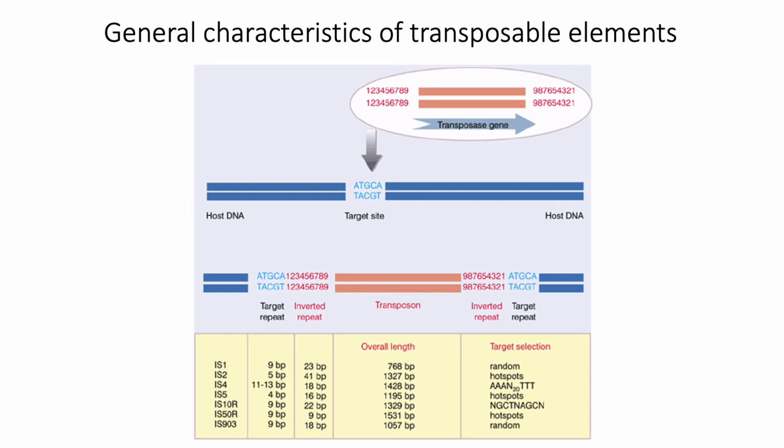In the middle of the transposon is a coding region that codes for a protein that facilitates the integration or the excision of the transposon, so it moves the transposable element from one location to another in the genome. And that's simply called transposase.